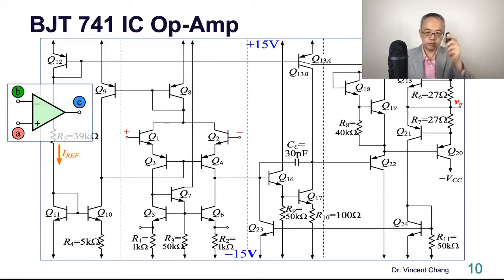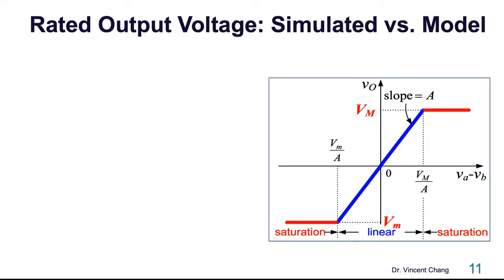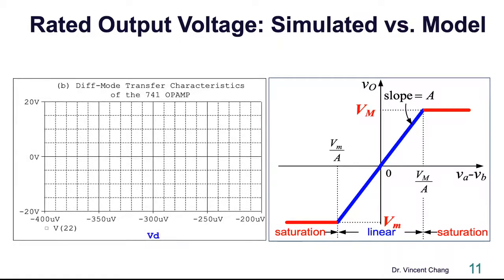But I do want to show you the result. Without teaching you analog integrated circuit, the only tool I can use is the simulation. So the simulation result versus the model, the simple model. This is the model that we have.